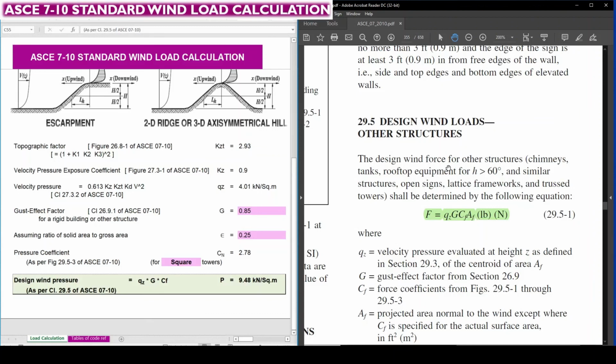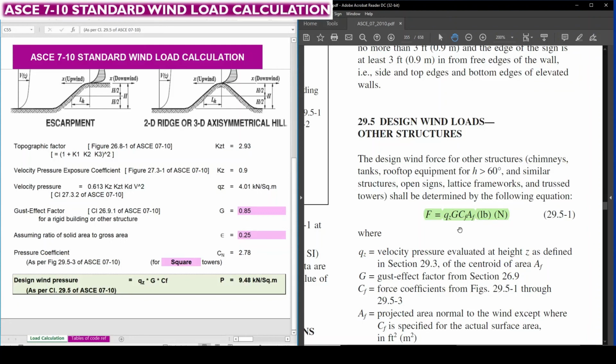Anyhow, to calculate this design wind force, we need the area of exposure or area projected to wind, but we are not having any structure model in this calculation, so we are going to calculate only the design wind pressure by ignoring this AF alone. Ignoring this, AF means the area of members which are projected normal to wind.